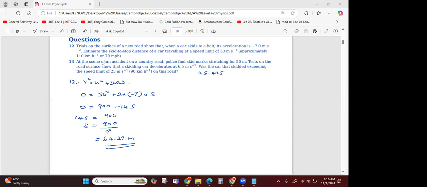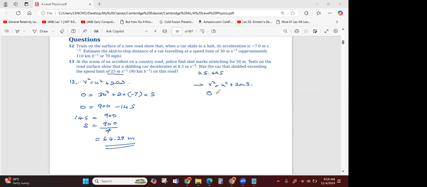Okay, so at the scene of an accident on a country road, police find a skid mark stretching for 50 meters. Tests on the road surface show the skidding car decelerates at 6.5 meters per second squared. Was the car that skidded exceeding the speed limit of 25? We have to show whether they are exceeding the speed limit or not. So we can use v squared equals u squared plus 2as.